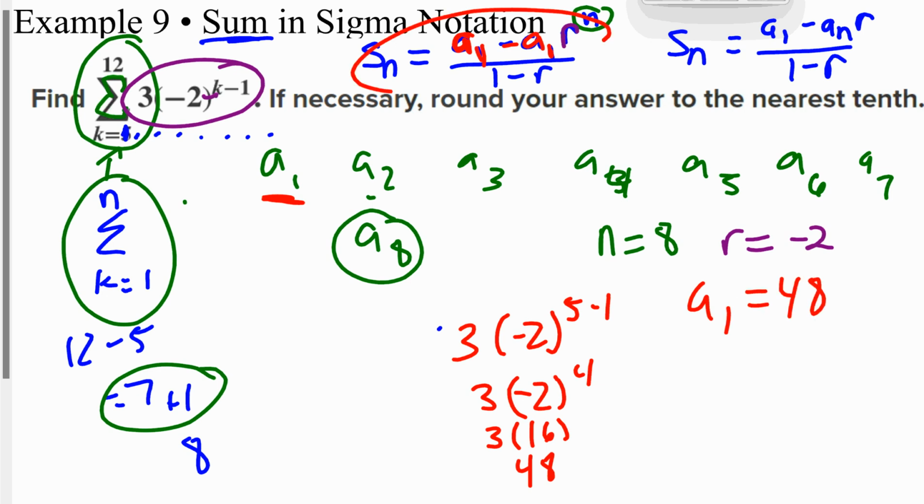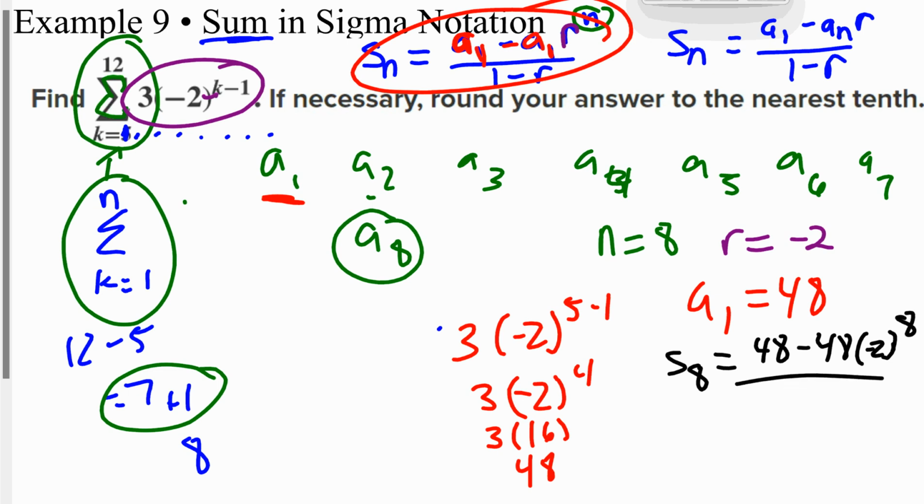Now I can use the formula back in example number 8. My n equals 8, because that's how many terms there are from 5 to 12. Then 48, my a sub 1, minus my a sub 1 times r, which is -2, raised to n, which is 8, all over 1 minus my r, which is -2. So -2 to the 8 is 256.